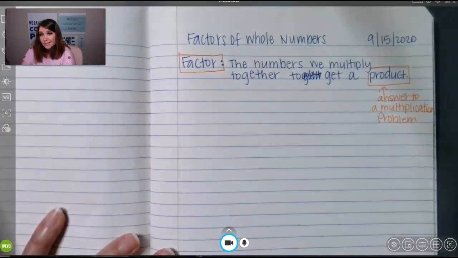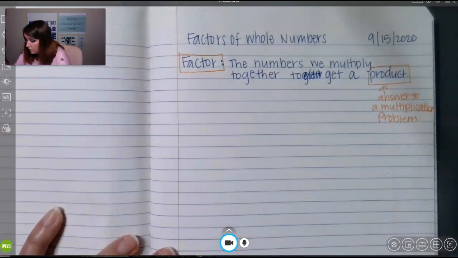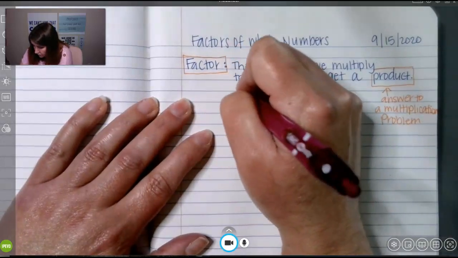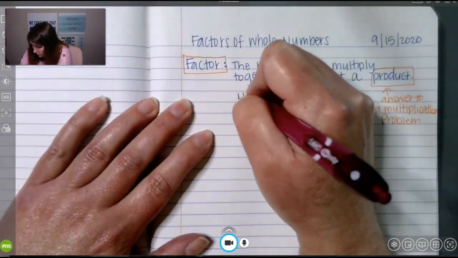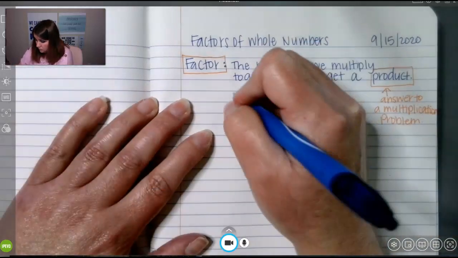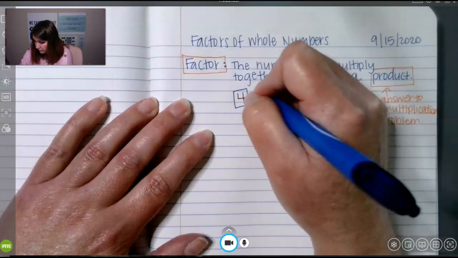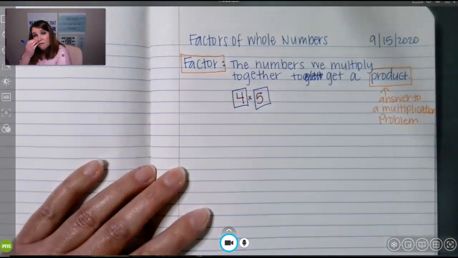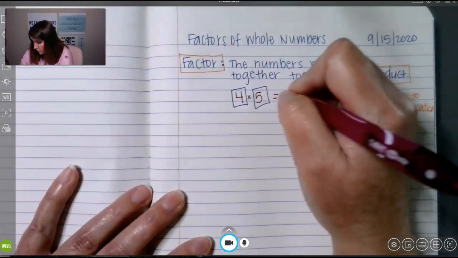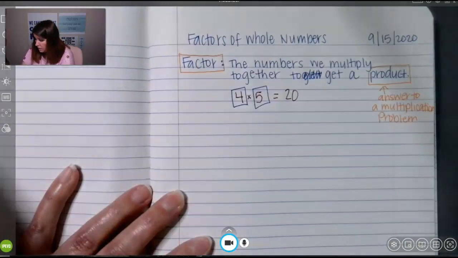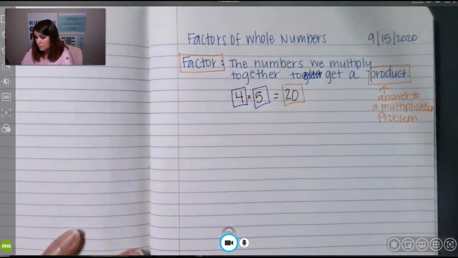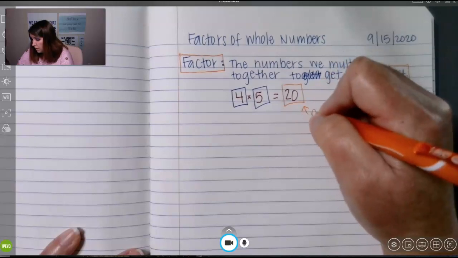All right, so let's do an example of some factors. If I did 4 times 5, this is a factor, and that is a factor. My product then, this equals 20. That is my product.